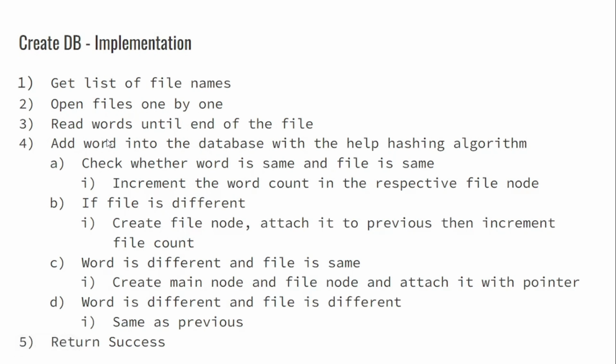After reading and validating the files, we are creating the database with the help of the hashing algorithm, and we are mapping the words to their respective indexes. So first we will check whether the word is the same and the file is the same.